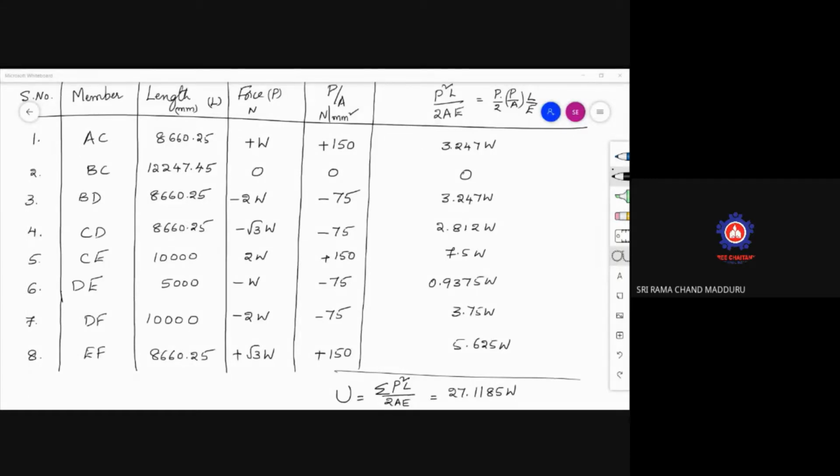Most of the students got the answer as 27.1185. If any correction is required from your side, please check it and confirm. I hope all of you are doing along with me.